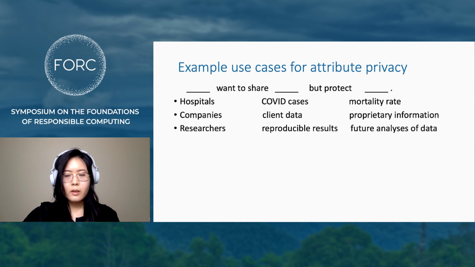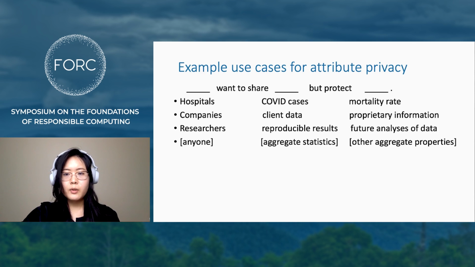Researchers provide data for reproducibility in the peer review process, but don't want other researchers to perform new analysis on the data. In general, attribute privacy is concerned with sharing aggregate statistics about a dataset, but wanting to protect other aggregate properties which may be correlated with the shared information.